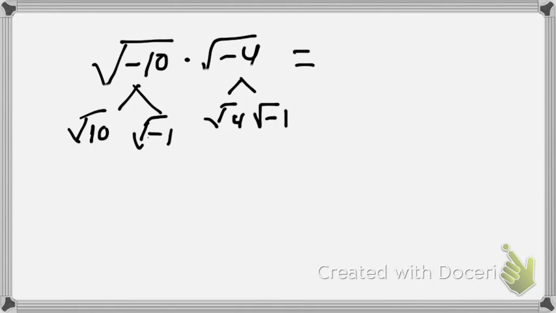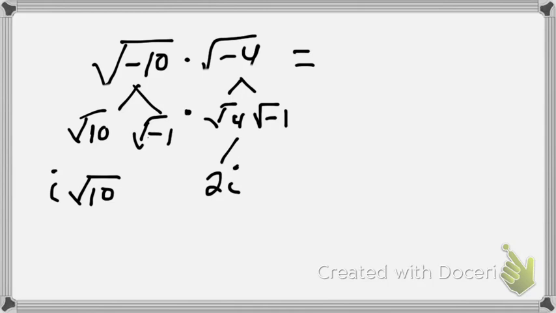The answer is no. So we just have the square root of 10 simplified, and the square root of negative 1 is i, so i times the square root of 10 over here. Square root of 4 is 2, and the square root of negative 1 is i.